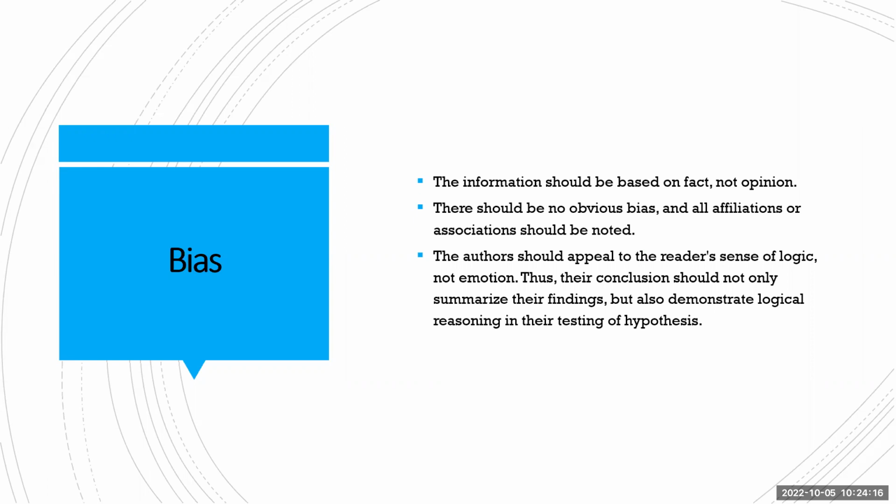That's in essence what scholarly sources do. They're not trying to appeal to your emotion. They're not based on opinions. You should be able to follow along logically how they came to their conclusions. Ultimately, right? So keep this in mind.